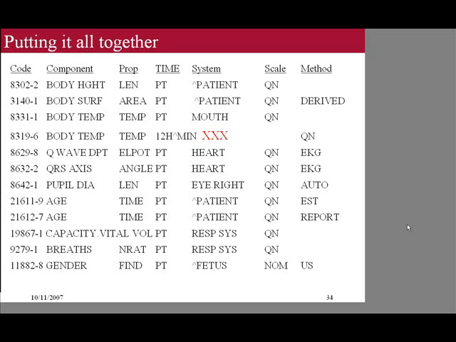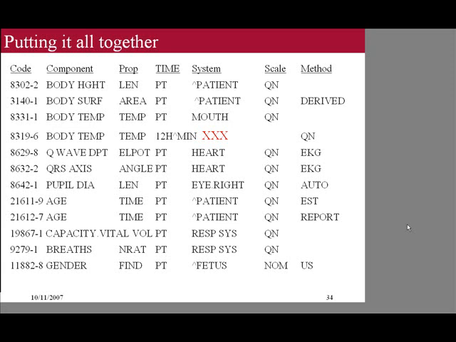And so I could use this code with the XXX in it. The XXX is put in the position of the system, and XXX means that I'm not going to specify where this was done, or in the message I could have a different code used with post-coordination to say where the body temperature was measured.